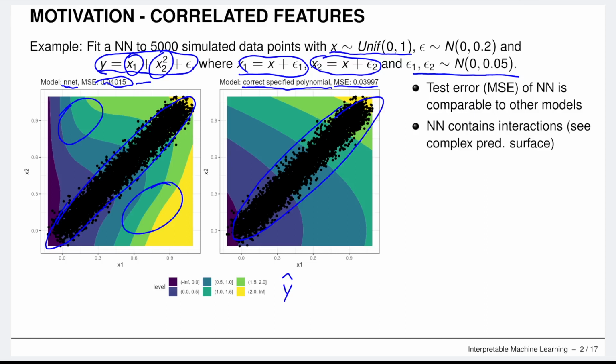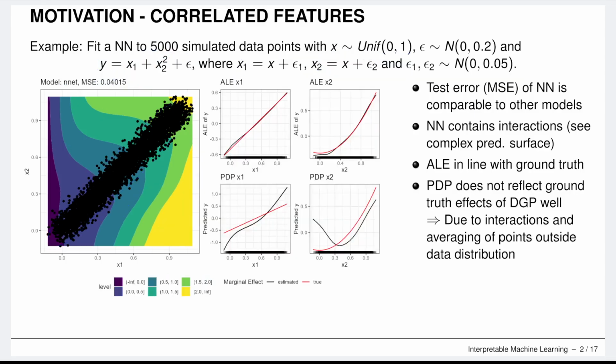So if we want to visualize the feature effects of the fitted model, we would expect a linear effect for feature x1 and a quadratic effect for feature x2. Now, before we introduce ALE plots, we will just look at the result and compare it to the result of the partial dependence plot. So here we see ALE plots of both features in the first line and compare them with the true marginal effect.